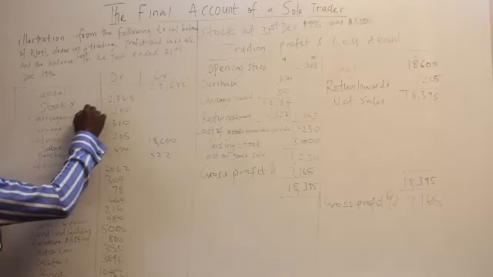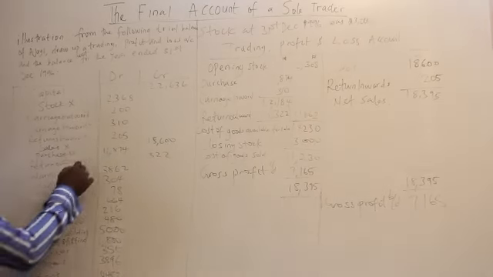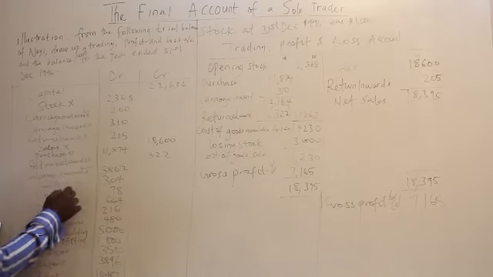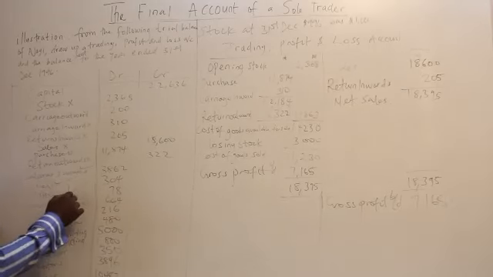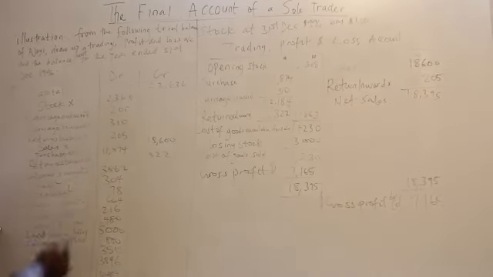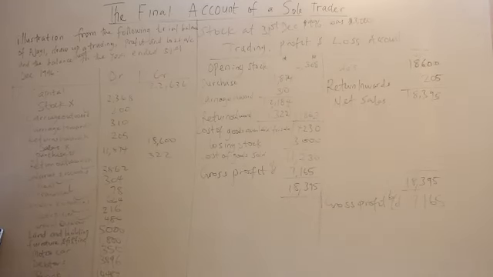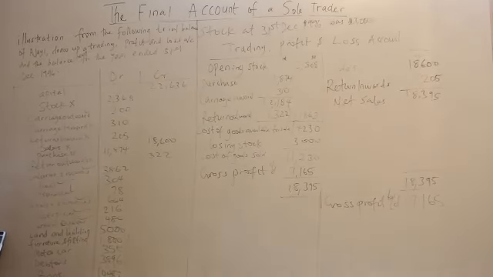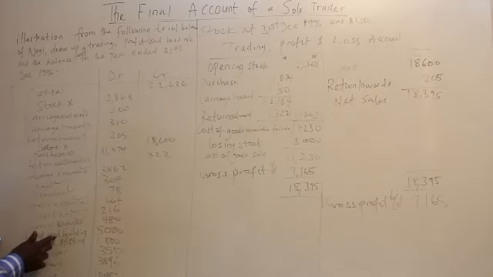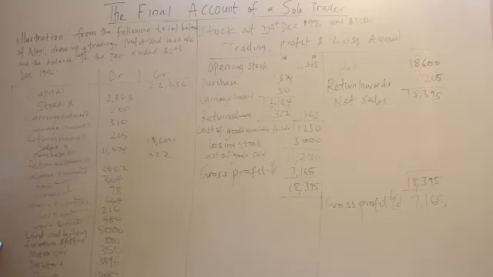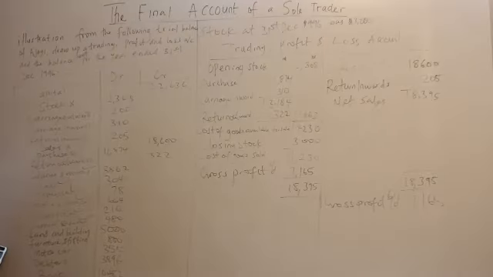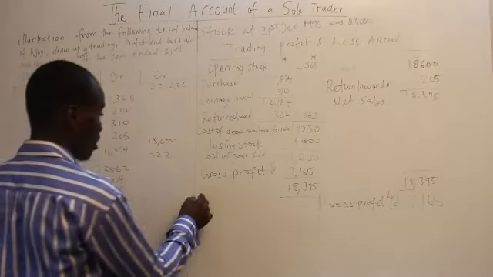So we have carriage outward as an expense, salary and wages as an expense, rent, insurance, advertising, and general expenses. Do we have any other income to receive? No. We don't have any other income apart from gross profit brought down. Bank creditors and drawings do not serve as income. So we have carriage outward.